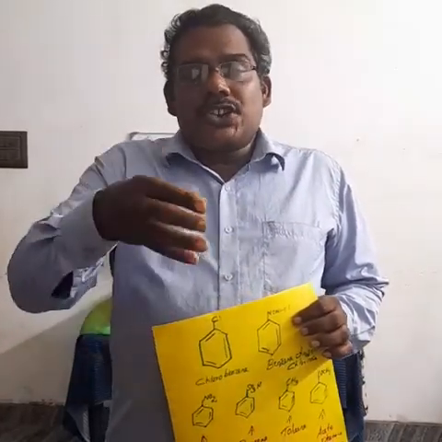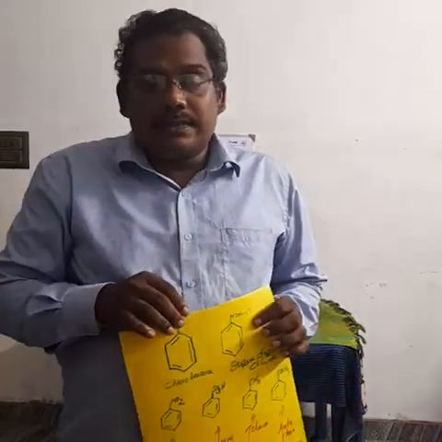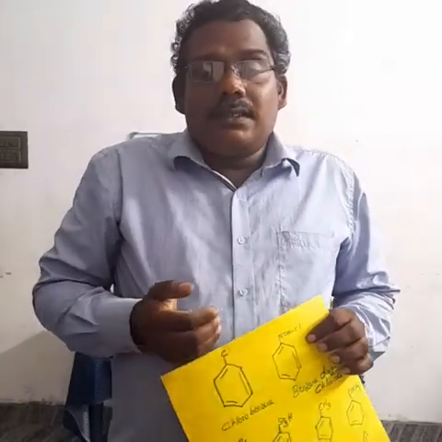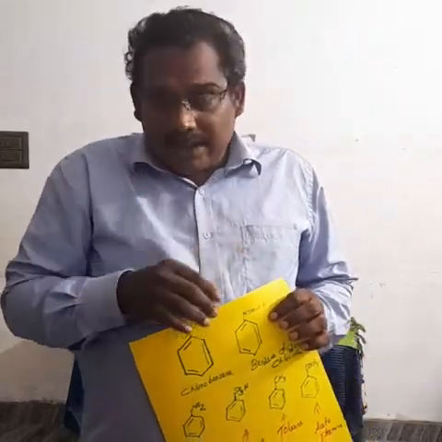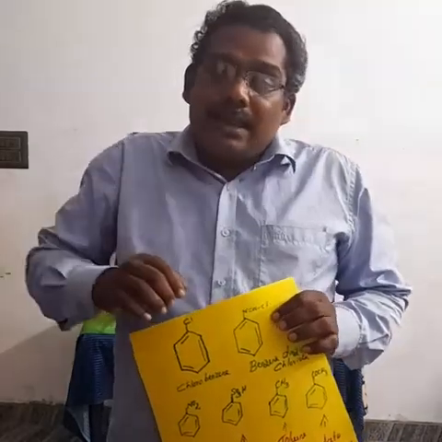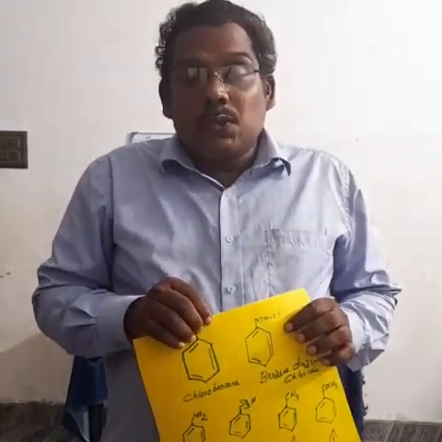In this reaction, nitric acid is involved. What is the formula for nitric acid? Do you know? HNO3, am I right? This HNO3 can be written as HONO2. Don't forget that.